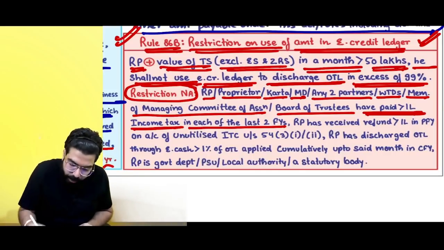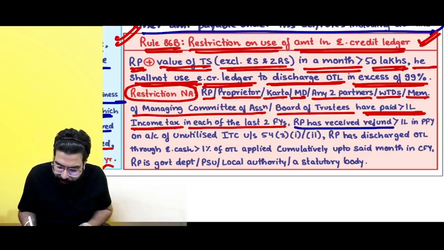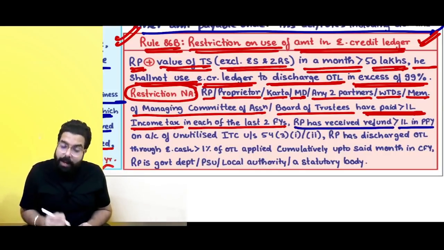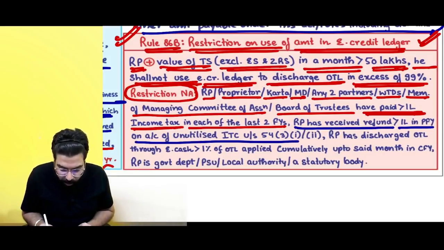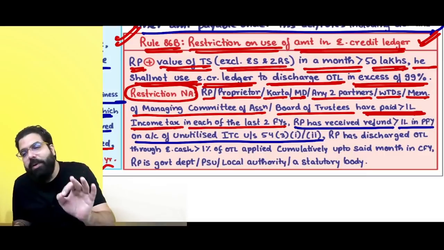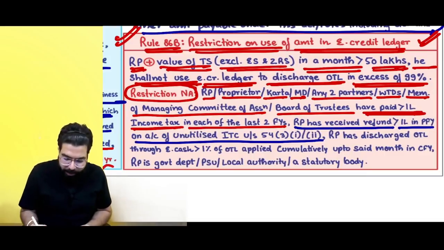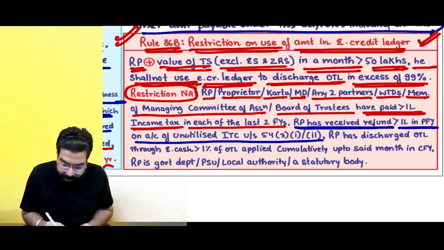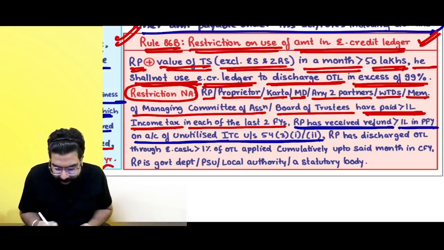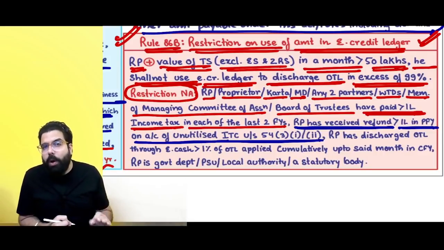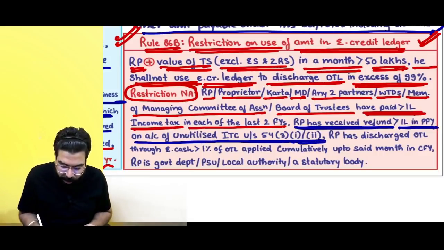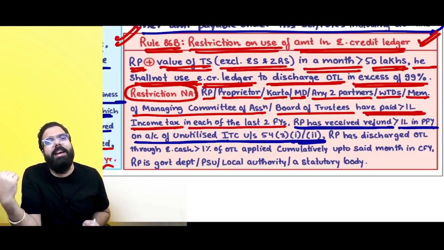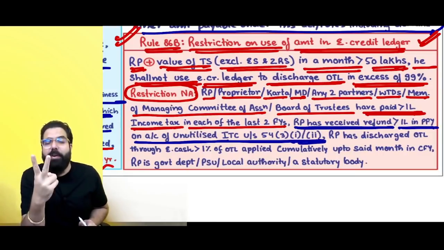Done. Then registered person having refund of greater than 1 lakh rupees in the preceding financial year on account of unutilized credit or inverted duty structure. Everyone over here, registered person has received refund greater than 1 lakh rupees in the preceding financial year on account of unutilized ITC under section 54(3) 1 and 2. 1 and 2 talks about if you have unutilized ITC, you can claim refund only in two scenarios.